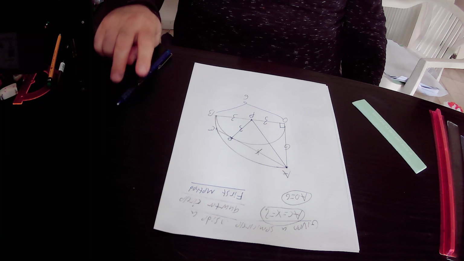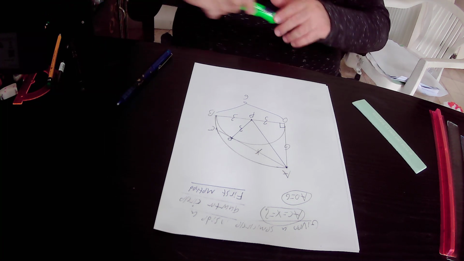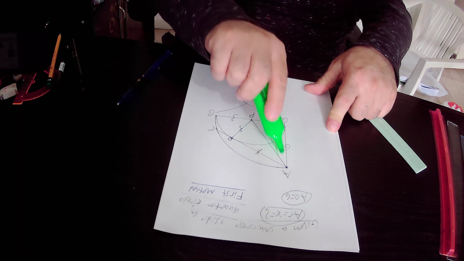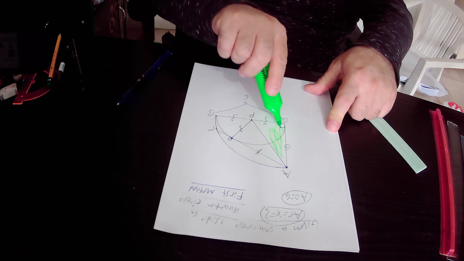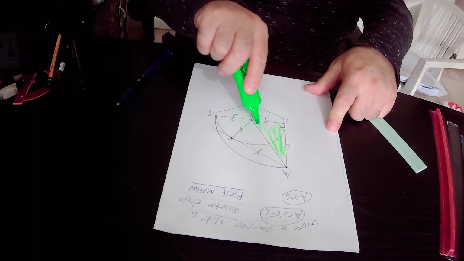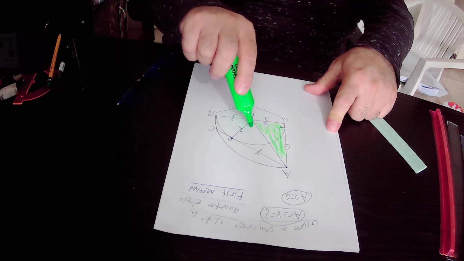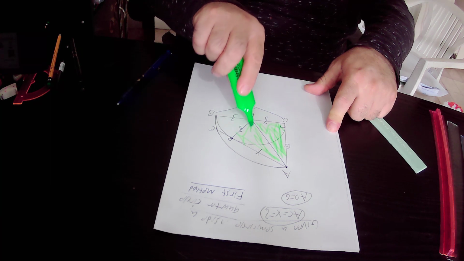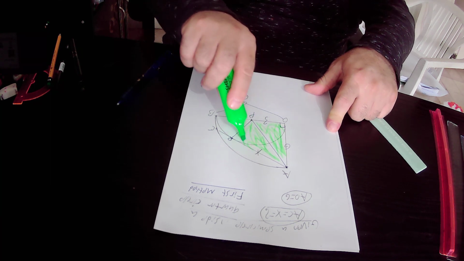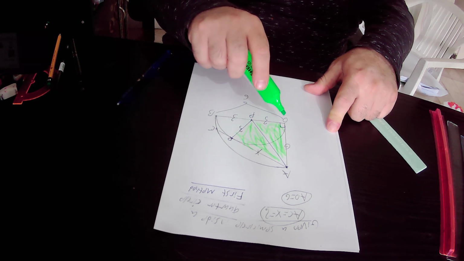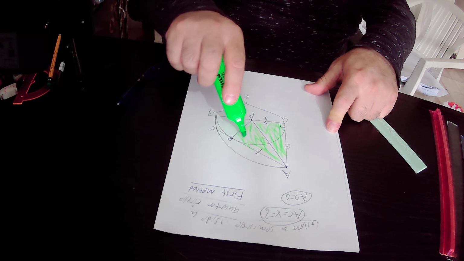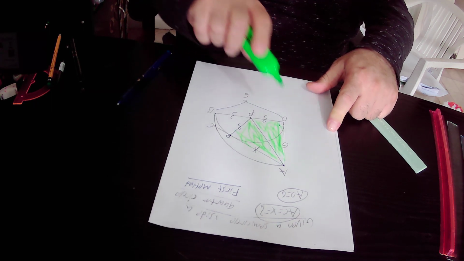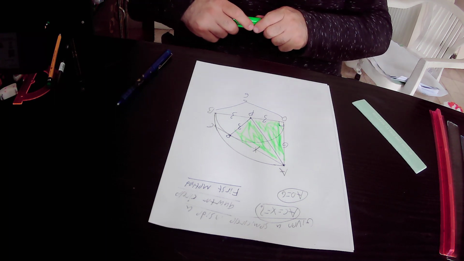Those two right triangles are congruent according to the side rule. Again, I repeat, those two triangles, triangle OAP and triangle DAP, are congruent according to the side rule. So I will write it down.